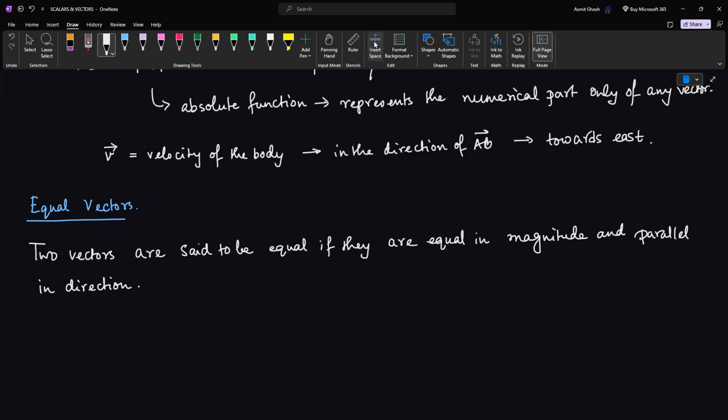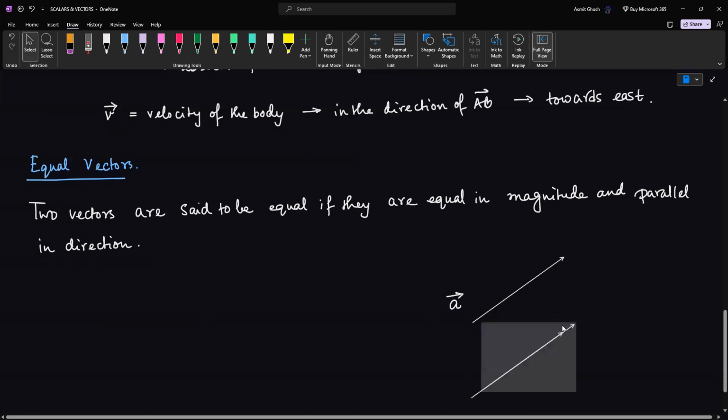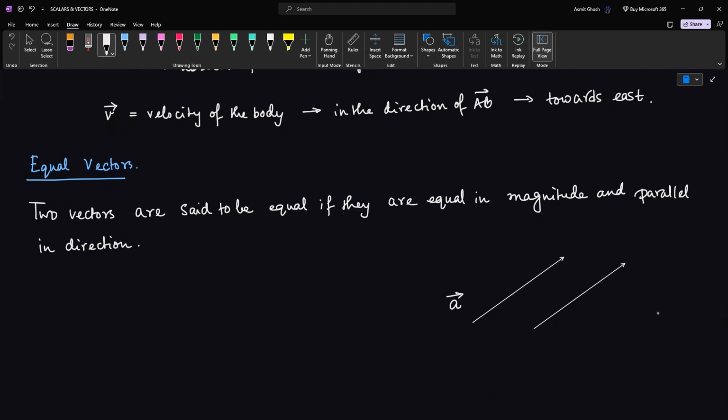Okay, so let me give you a very small example like this. This is a vector, let's say this. I can name a vector using a single letter also, for example, like this, A. I can represent this vector like this also. We take this particular vector right over here, and if we have the same length and if they are parallel to each other, then they are called equal vectors.